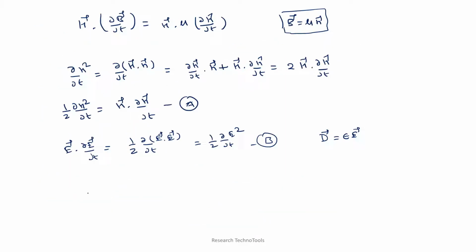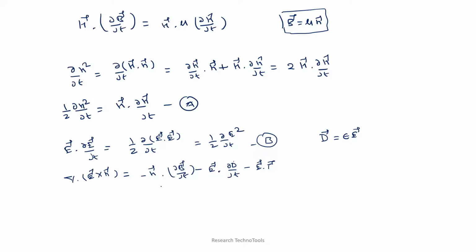So divergence of E vector cross H vector equals minus H vector dot del B upon del t minus E vector dot del D upon del t minus E vector dot J vector.